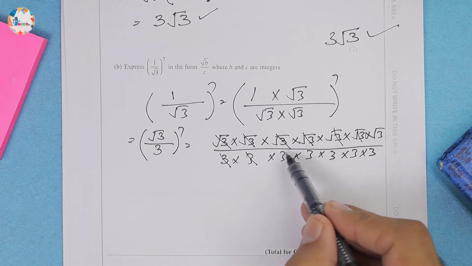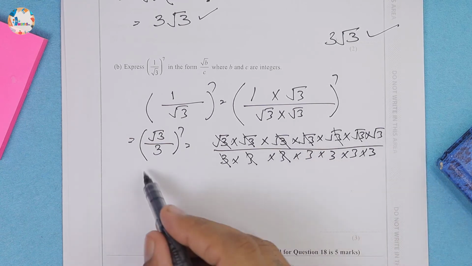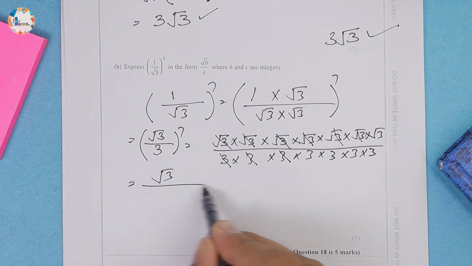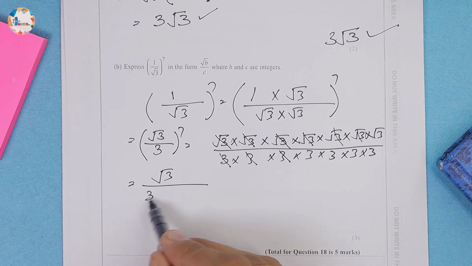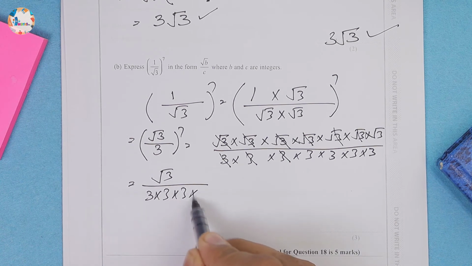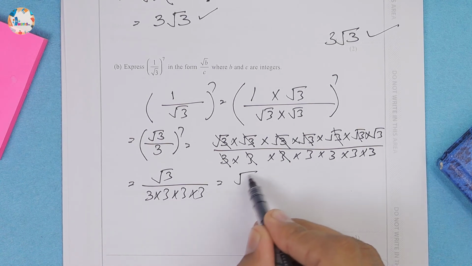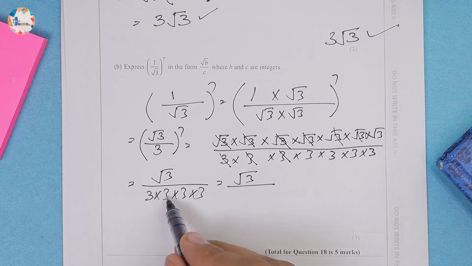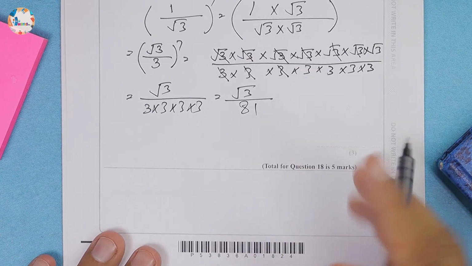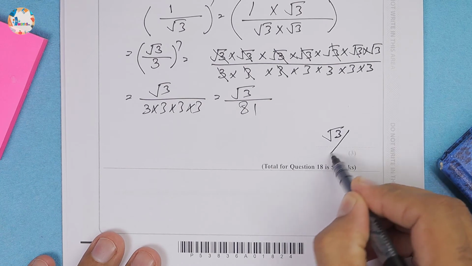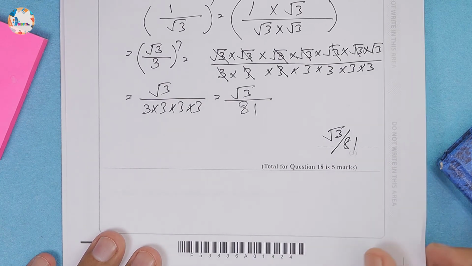These two combinedly will cancel with this. So remaining part will be under root 3 over 1, 2, 3, 4. So 3 into 3 into 3 into 3, and this will be under root 3 over 3 3s are 9, 9 3s are 27, and 27 3s are 81. So this will be our final answer for this part.